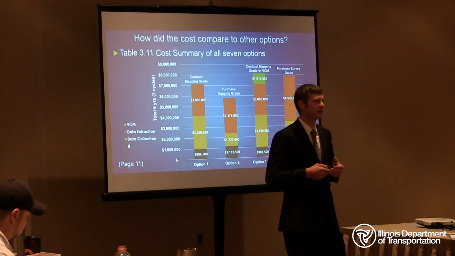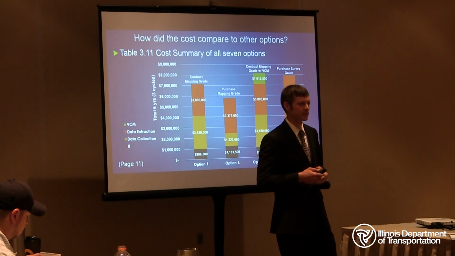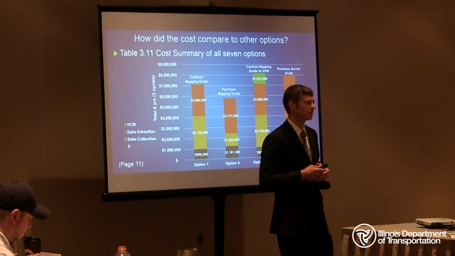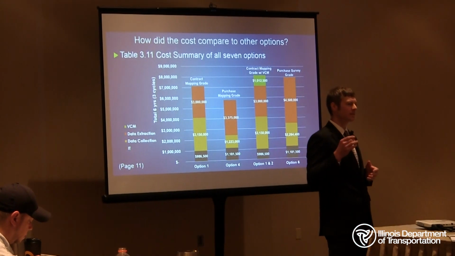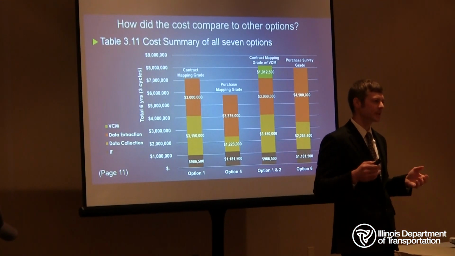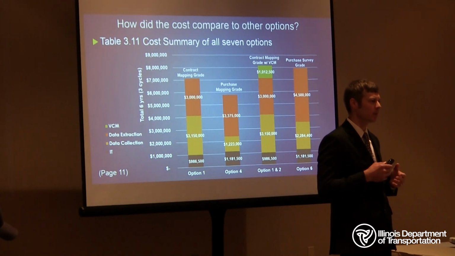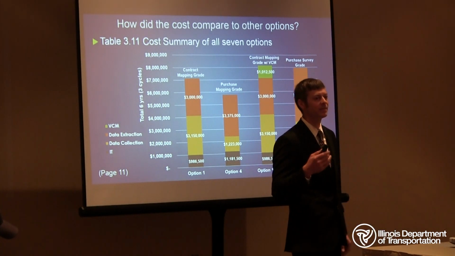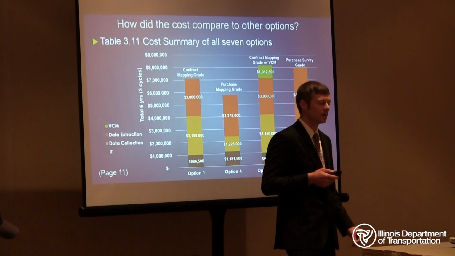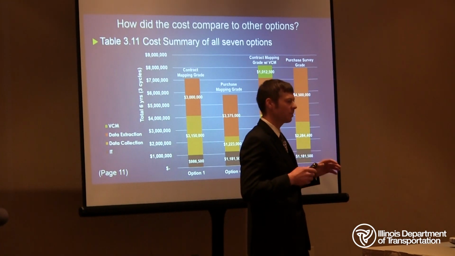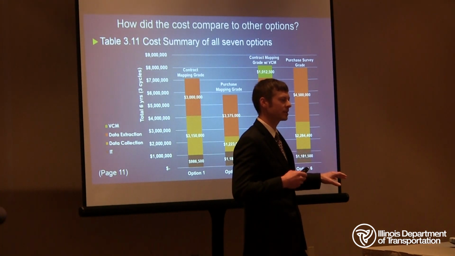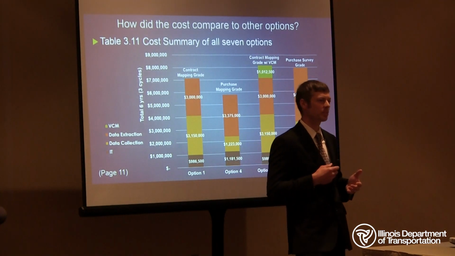That's contracting map and grade mobile LiDAR services. They estimated a total cost of $7.1 million. Compare that to option 4, which was purchasing and operating a map and grade mobile LiDAR unit internally. The price drops to approximately $5.8 million. So what you can see here is that when you compare apples to apples, internal collection versus contracting the same collection, you can realize about 20% in savings.